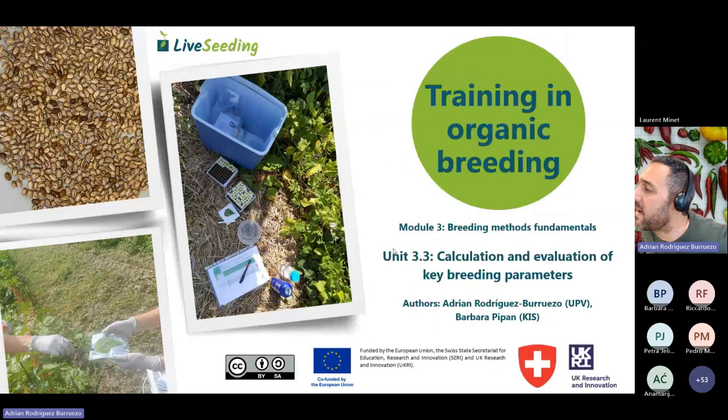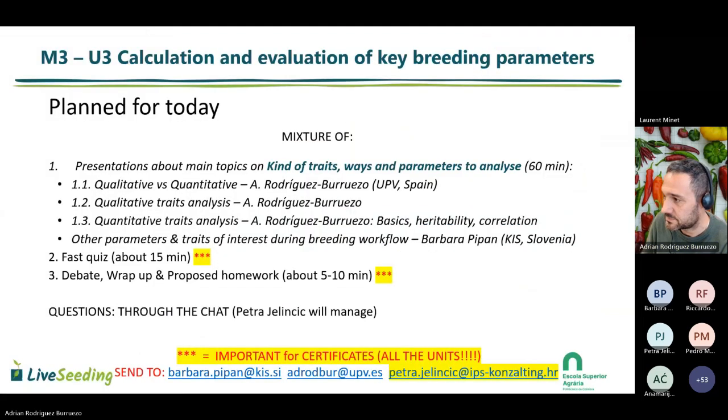Coming back to the current unit, unit 3, calculation and evaluation of key breeding parameters. As always, a fast summary or index of the things you are going to see.